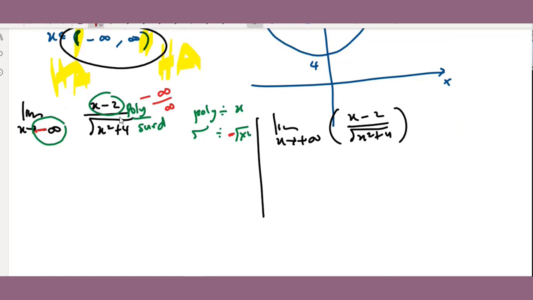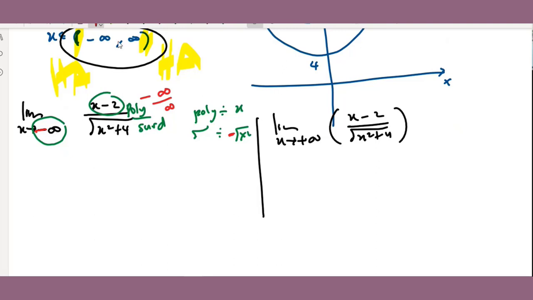See the differences between the two treatments: for x tending to infinity, you divide like this, by negative or positive square root of x squared. For x approaching a value, you multiply with the conjugate.